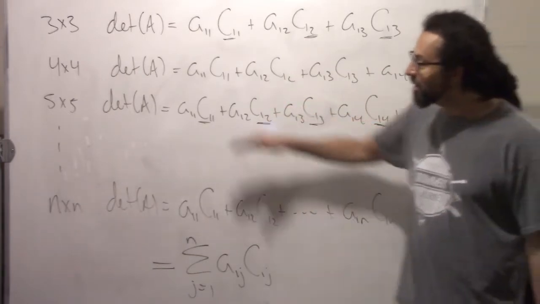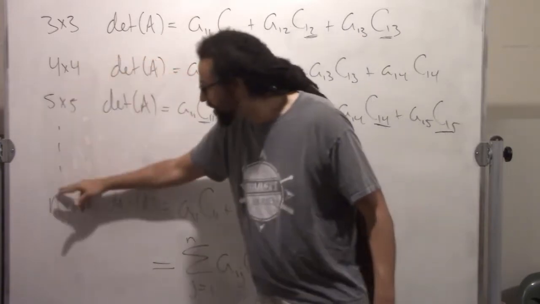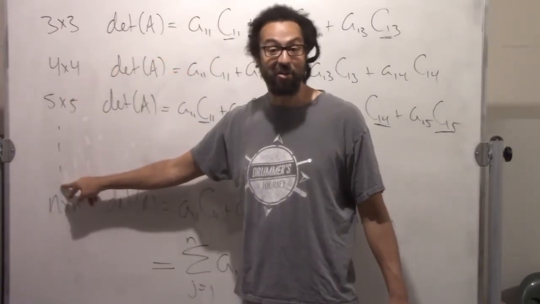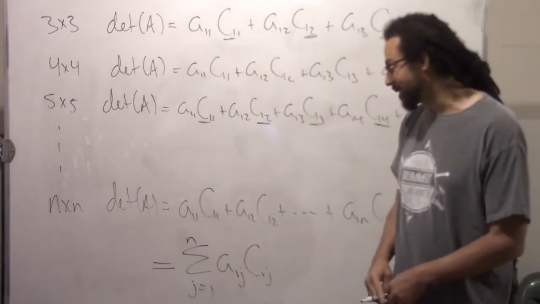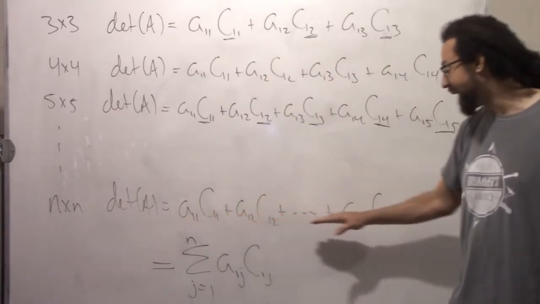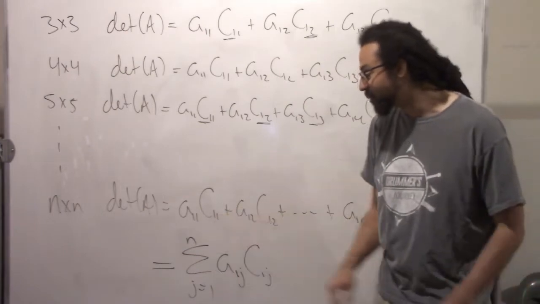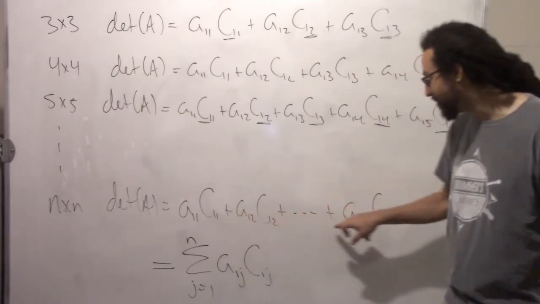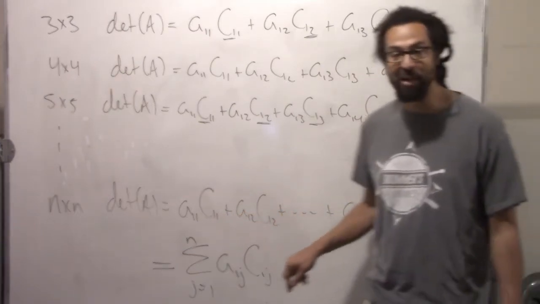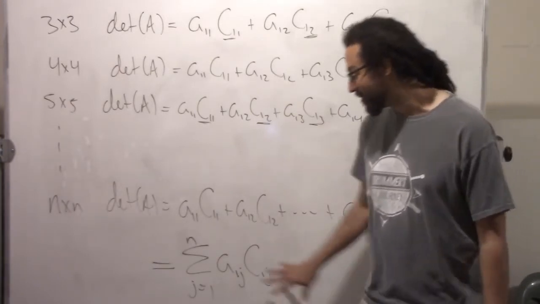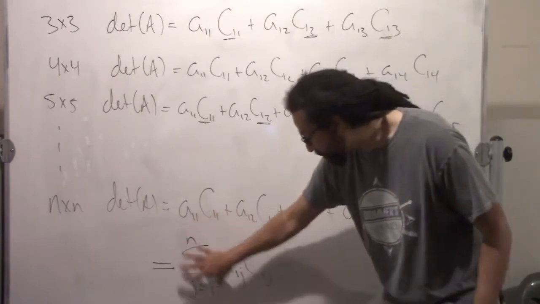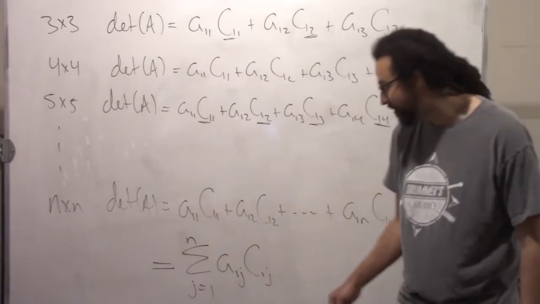In general, let's say we know how to compute determinants of order n minus 1. Well, we will define the determinant of an n by n matrix to be this cofactor expansion along the first row, and all of these cofactors will require computing an n minus 1 by n minus 1 determinant. So you can wrap all of that up in a short form using the summation notation, right?